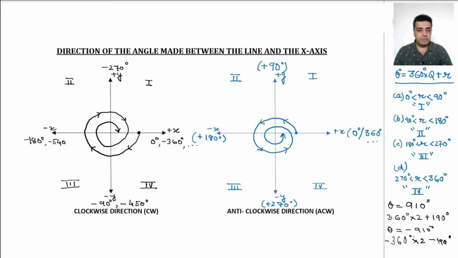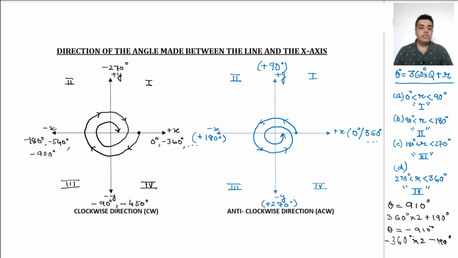After minus 540 degrees, the next value you are going to get here is minus 900. And then for minus 910 degrees, you will have to act accordingly.